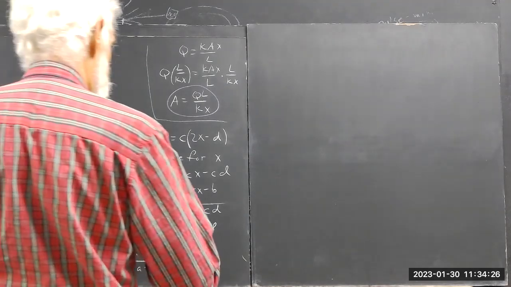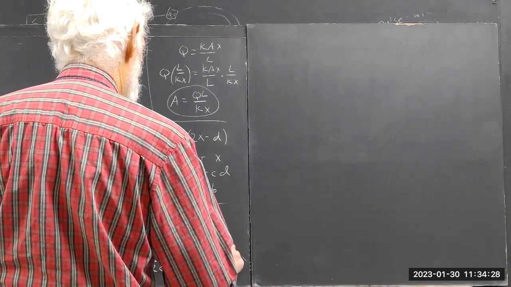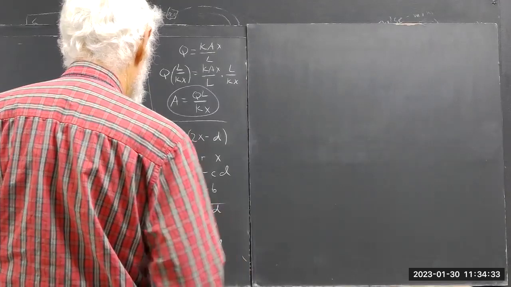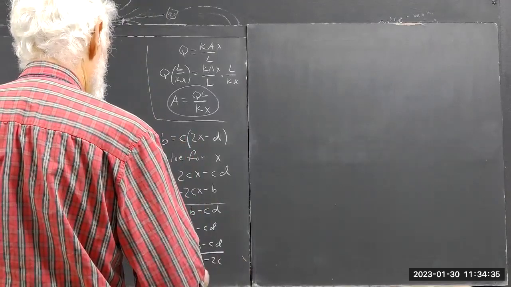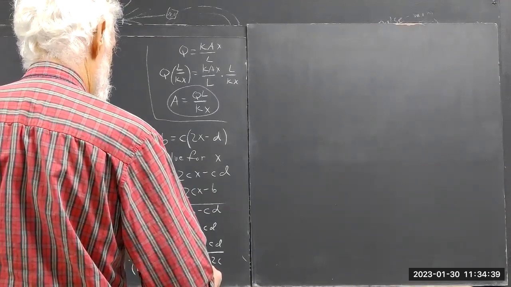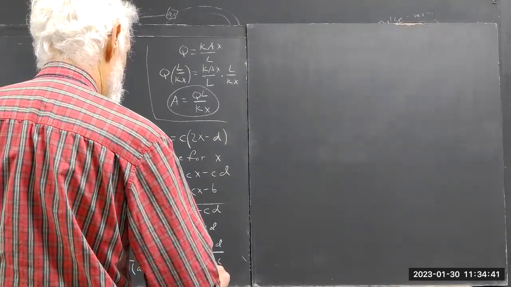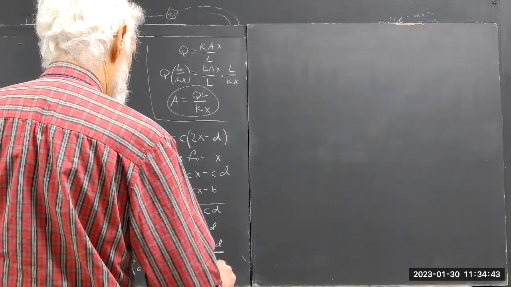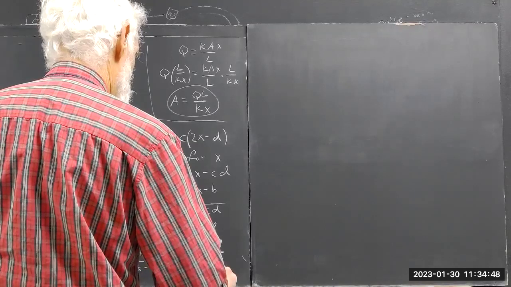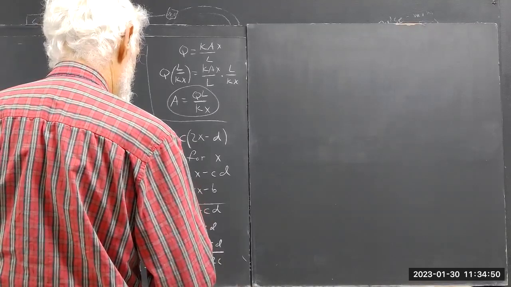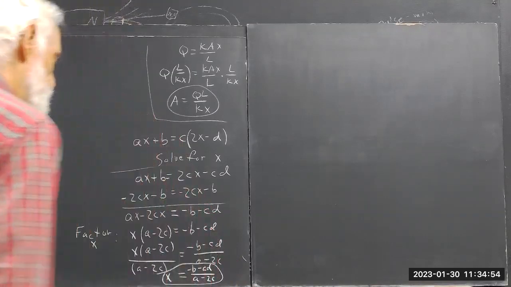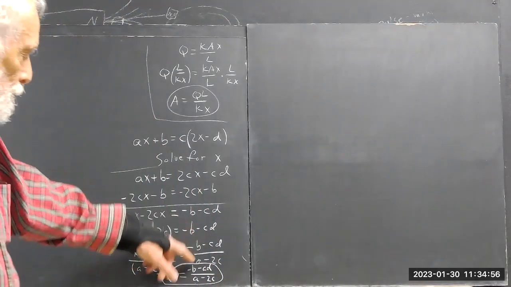So we get negative B minus CD over A minus 2C, so that X equals what we have here.